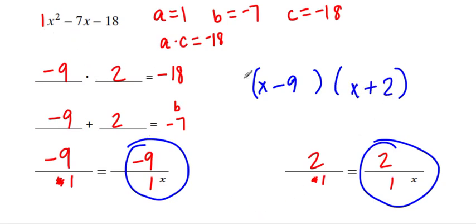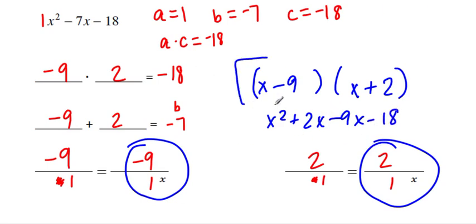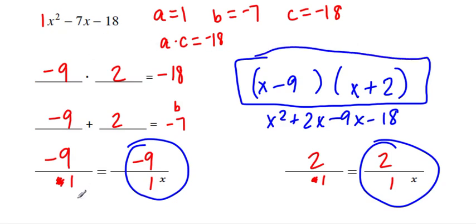Notice that's going to give you, if you FOIL that out, x squared plus 2x minus 9x minus 7, or excuse me, minus 18. And then these two would go to -7. So this is the correct factored form of this quadratic.